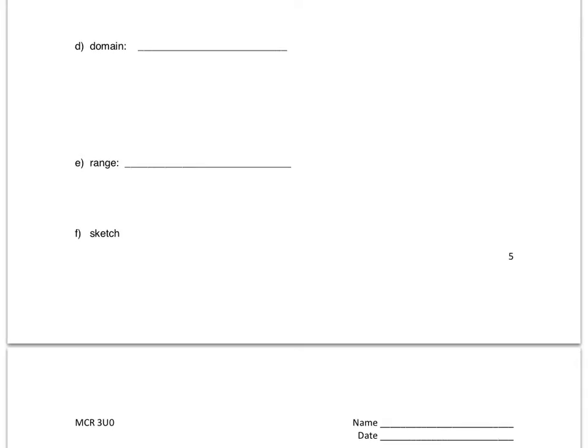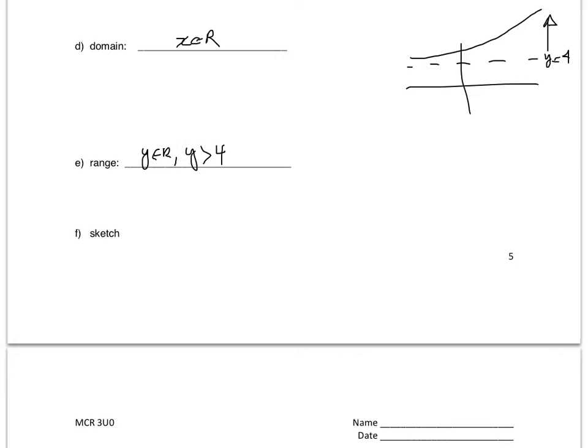From the graph, remember the graph looked like this. You can see that there is no restriction on x, so we can say that the domain is x in R. For the range, we can see that any y value which is greater than y equal to 4 is the answer. So the range is y in R and y greater than 4.